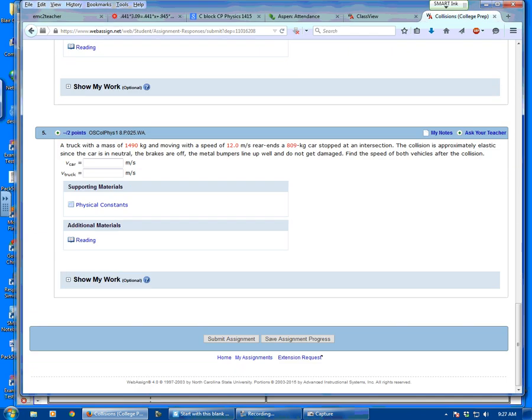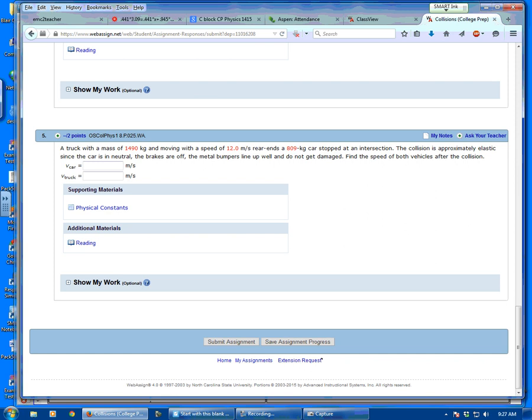5 is also very similar in that you have the same type of situation, even more similar to 1, just giving it in terms of a car and a truck. Be careful, as with all of these, when you enter them in, make sure you enter in for the correct one. You know, the velocity of the car in for where it wants the car.